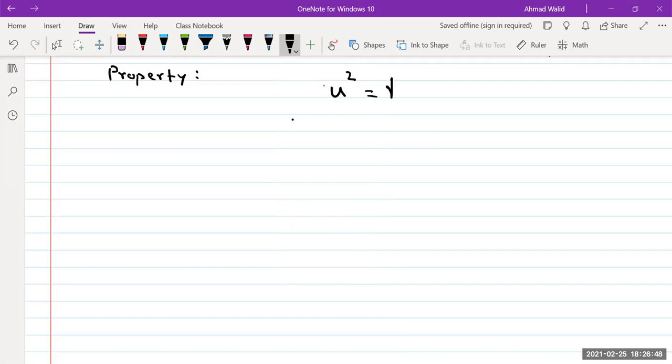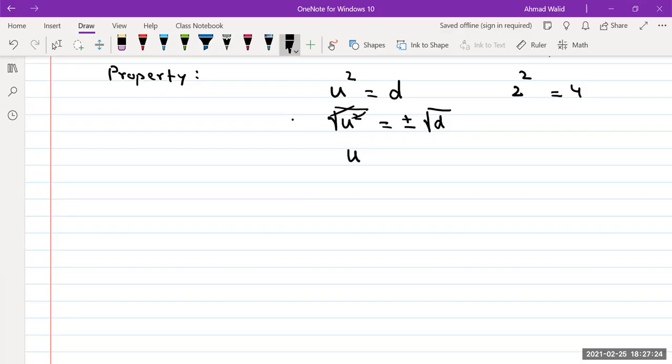I cannot close this. Okay. If I have u square equal d, for example, 2 square equal 4, then if I take the square root from both sides, the square root of u square will be equal plus minus square root of what? D. And here, square root cancels out with the square.